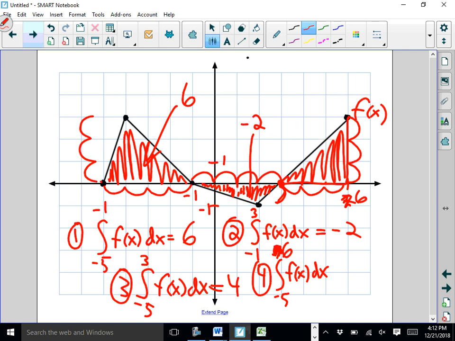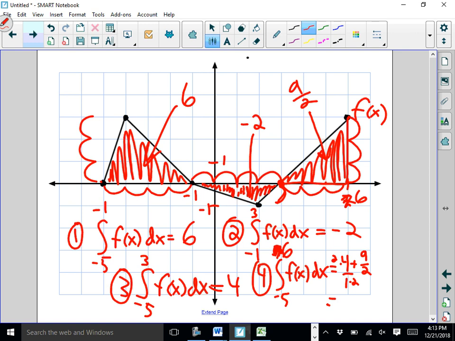Is that 9/2 positive or negative? By now, hopefully you've caught on. That should be a positive 9/2. So I'm going to do 6 minus 2, which is 4, plus 9/2. That would be 8 plus 9, which is 17. So we get an answer of 17/2.